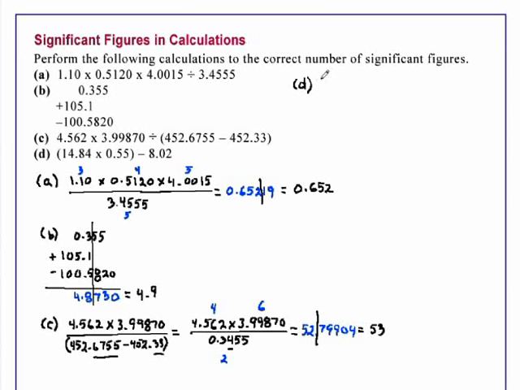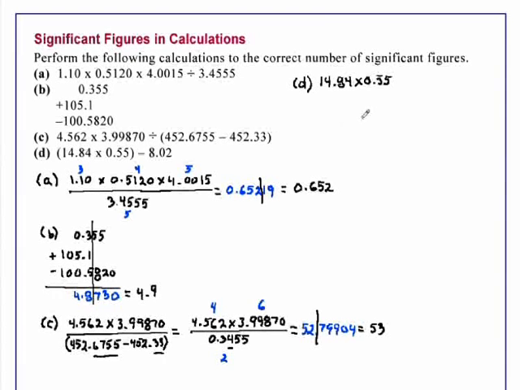We have 14.84 times 0.55, and after performing the multiplication, we're going to subtract the number 8.02.